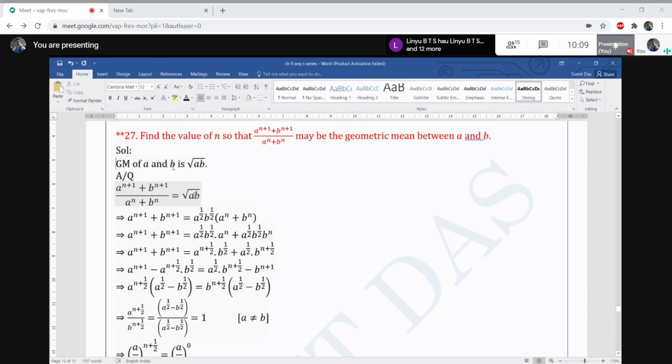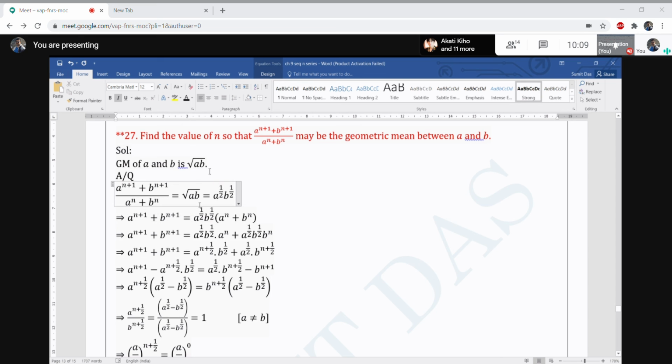Now square root of AB can be written as a to the power 1 by 2 and b to the power 1 by 2. I hope you know. Yes or no?